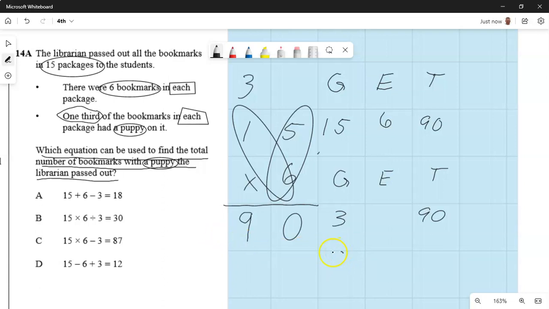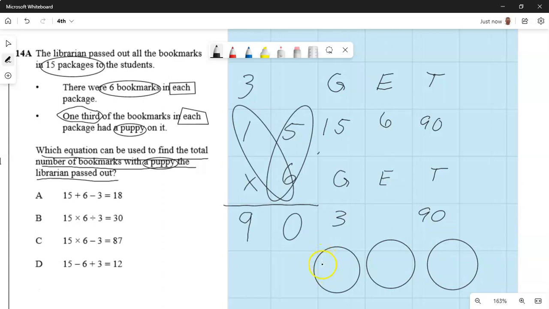So I'll make 3 groups. 1, 2, and 3. So it's 3 groups. And if I separate out the bookmarks, that's a lot of bookmarks. Okay, so I'm going to use base 10 blocks to separate them out. So I'm going to draw rods of 10.